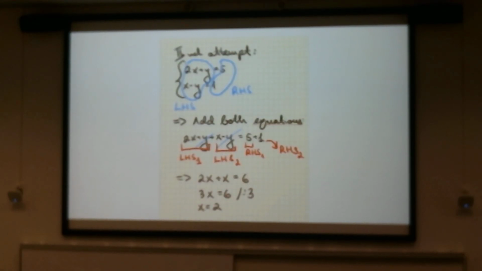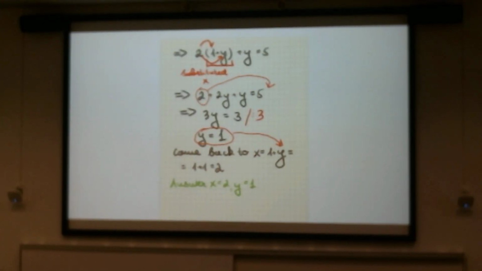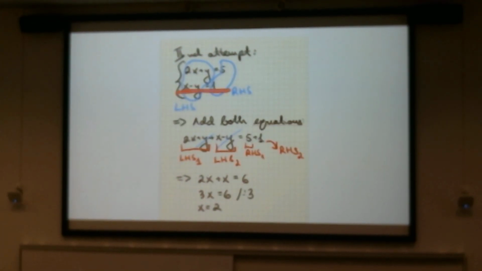And of course, if I divide by 3, I have that x is equal to 2. Right? And now I can simply solve for y. So now I can come back to any of the equations. So let's say, which one? Yeah, maybe this one, equation 2. So we call this 1, we call this 2, so we can just return to equation 2.